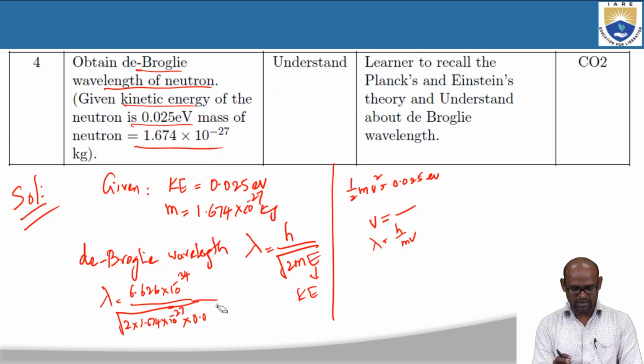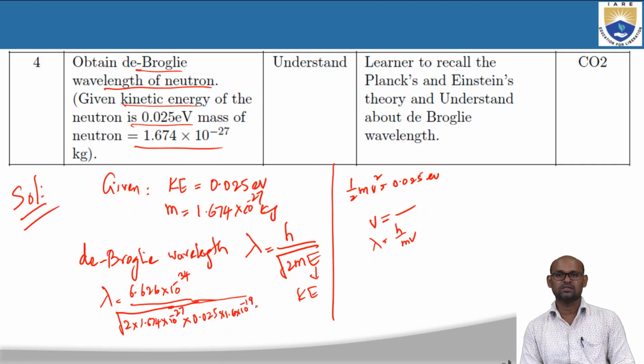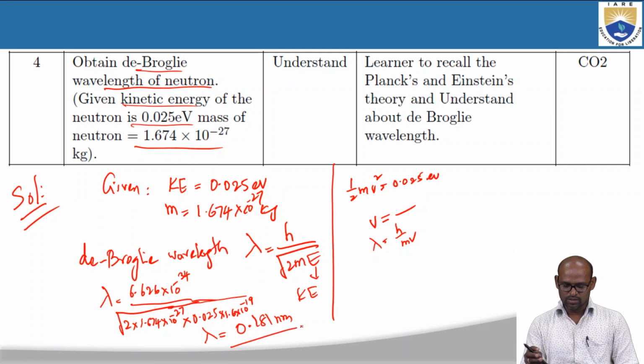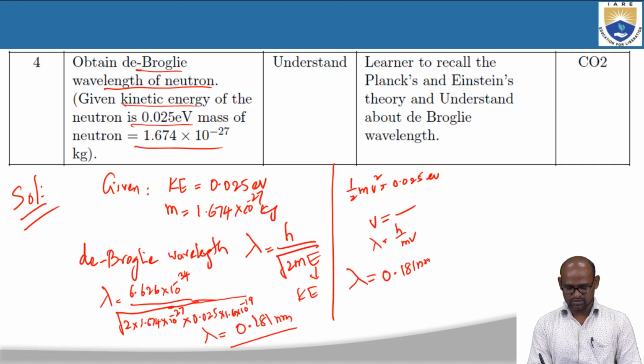You can remove the electron volts and substitute 0.025 into 1.6 into 10 power minus 19, so that whatever you get is in joules. The answer is lambda equal to 0.181 nanometers. Either way, using this formula or that formula, you will get lambda as 0.181 nanometers.